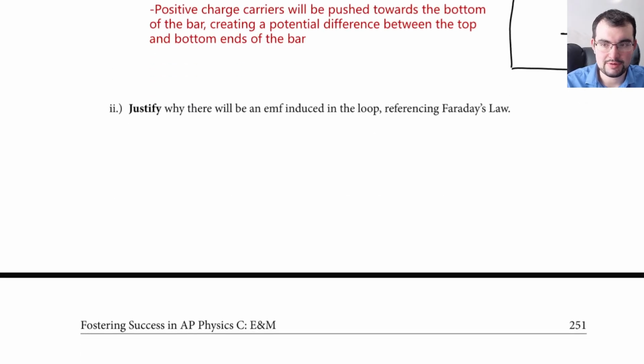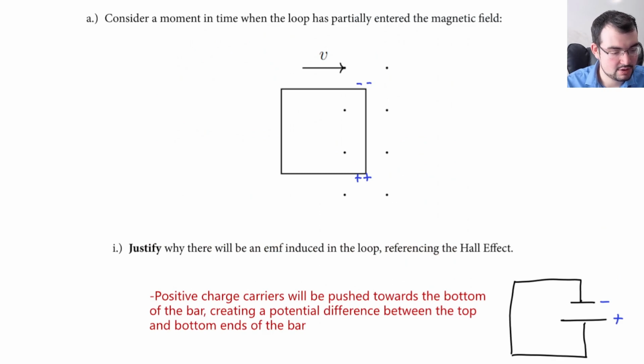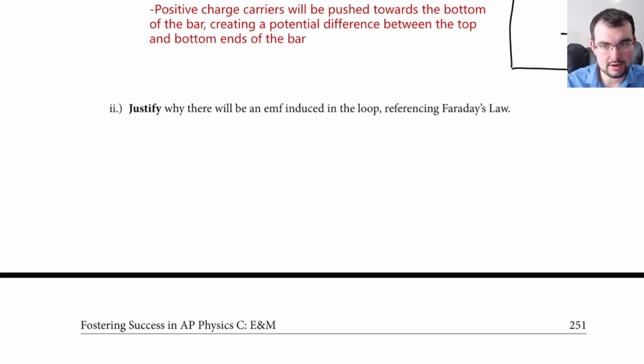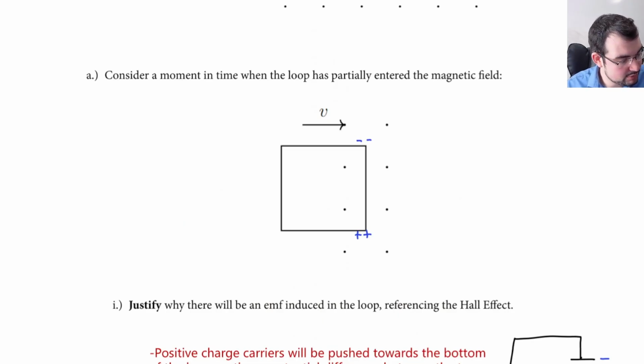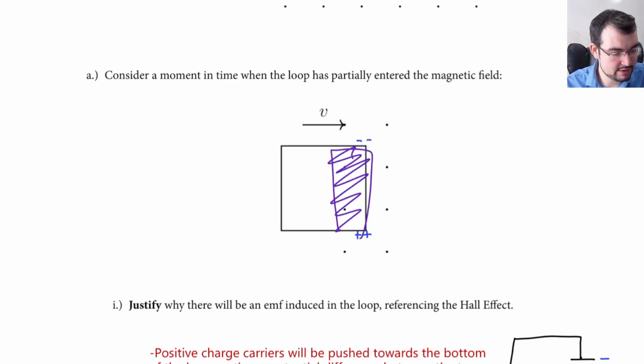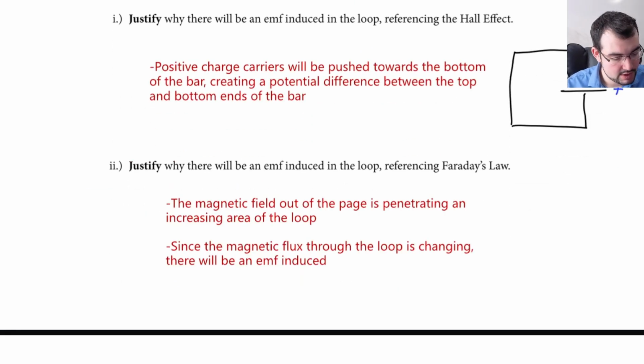Why is there an EMF induced in the loop referencing Faraday's law? Faraday's law is about flux. And again, remember, flux is the amount of magnetic field that pierces the area. So why is there an EMF according to Faraday? Well, notice that as I'm moving to the right, there's more B field piercing this area. I'd be shading more and more of the area of the loop with B field as I get closer and closer. The magnetic field is out of the page, and it's penetrating an increasing area of the loop.